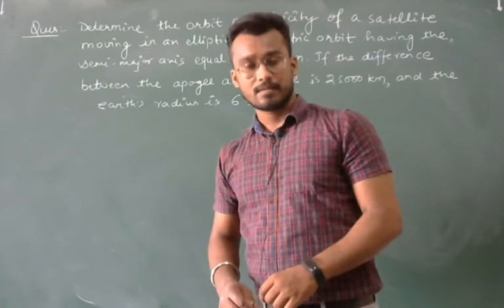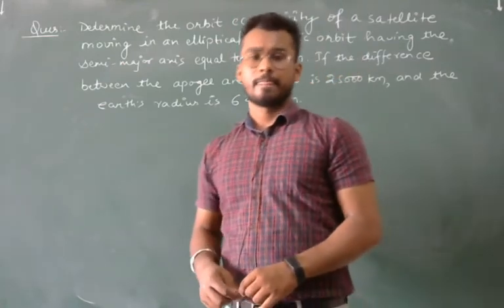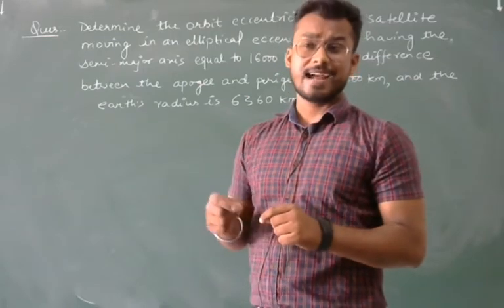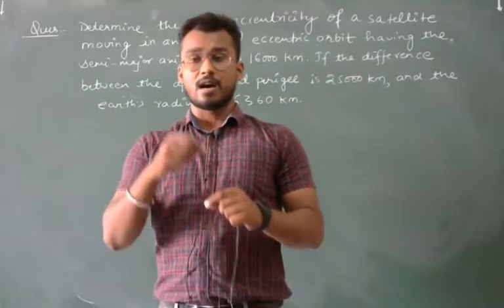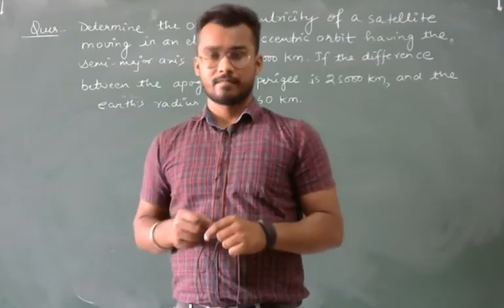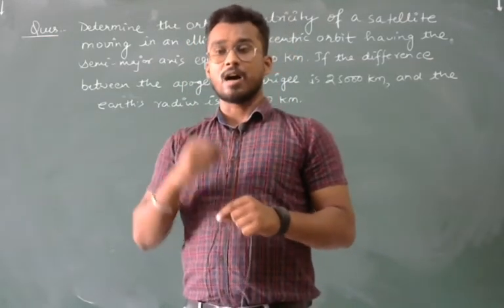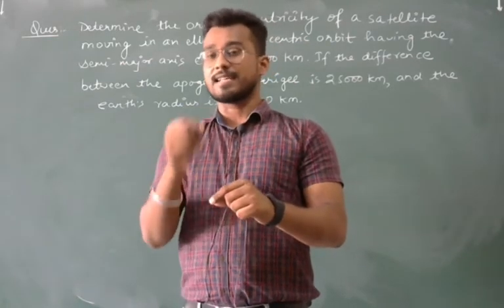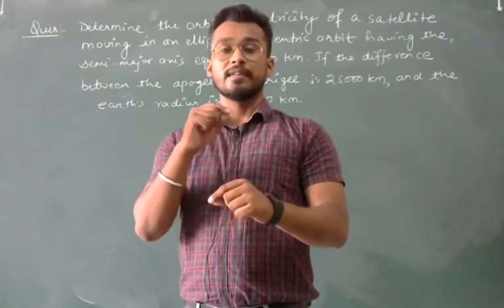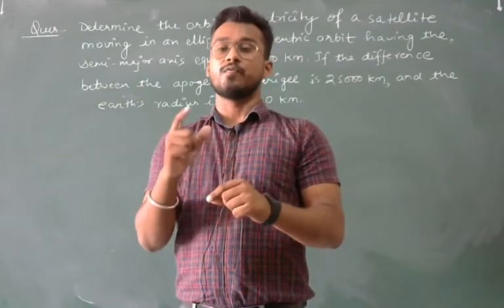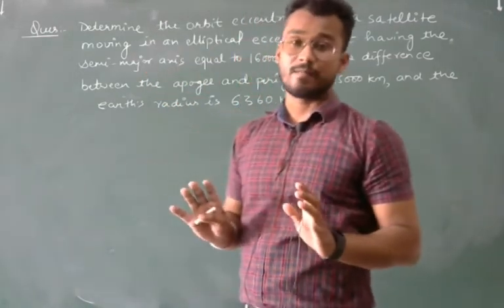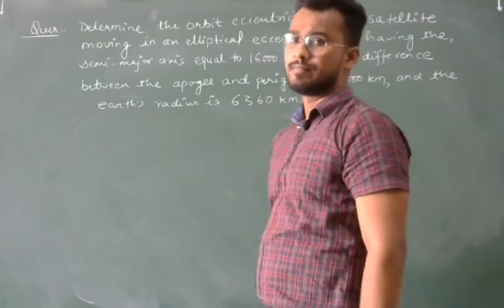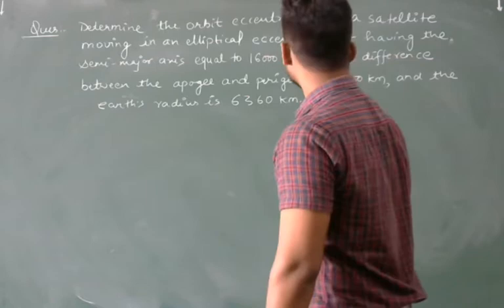I have told you that if the value of e is 0, in that case the orbit will be circular. But if the orbit is elliptical in nature, the value of e for that satellite will be in the range of 0 to 1. So that is confirmed: it will not be 0, it will not be 1, it will be in between these two values.